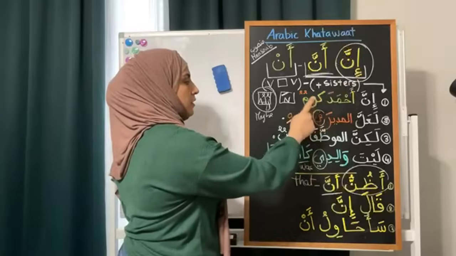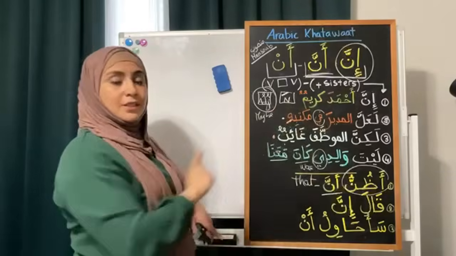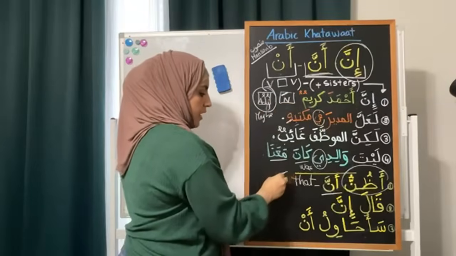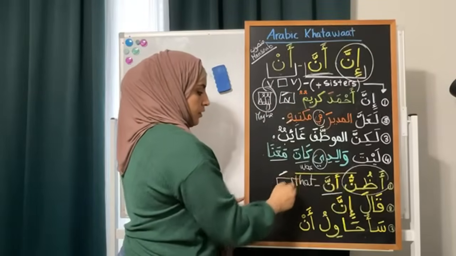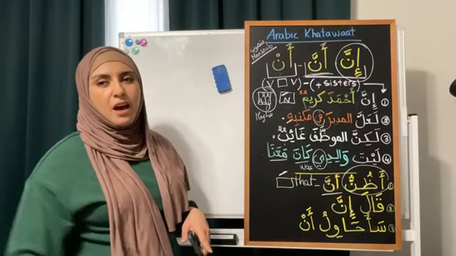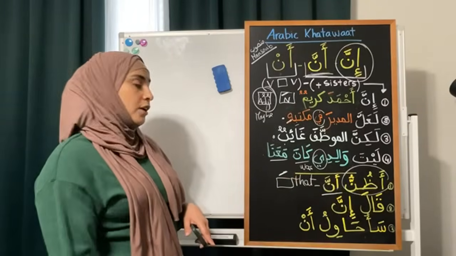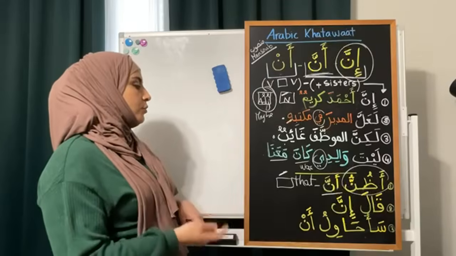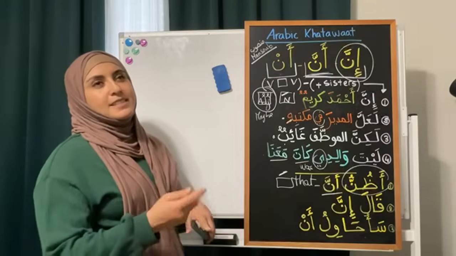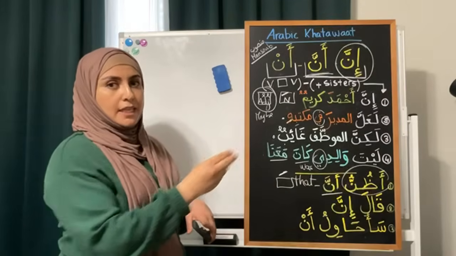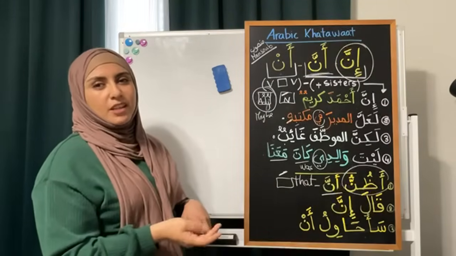أظن أن أحمد كريم. So I can apply the rule of فتحة on any noun I say here. أظن أن الصف صعب. I think that the class is difficult. أظن أن صديقي مريض. So I think that my friend is sick.